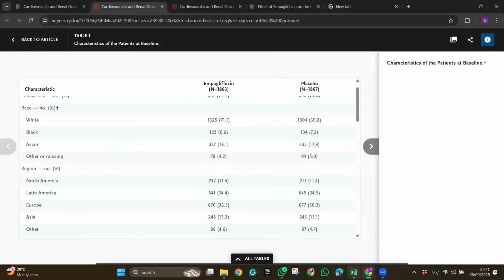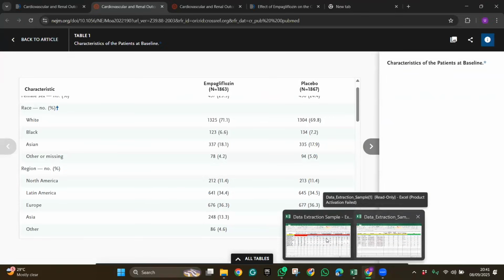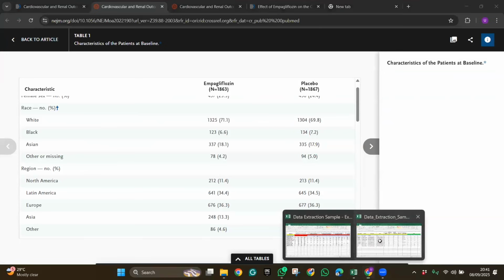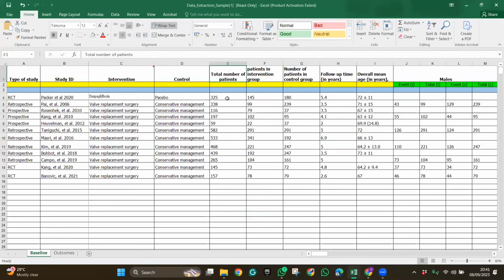So you're going to add these two values, 1863 and 1867, and then write the total population here. Okay? Then patients in the intervention group, so you're going to write here 1863. My intervention group had 1863 patients and my control group had 1867, right?